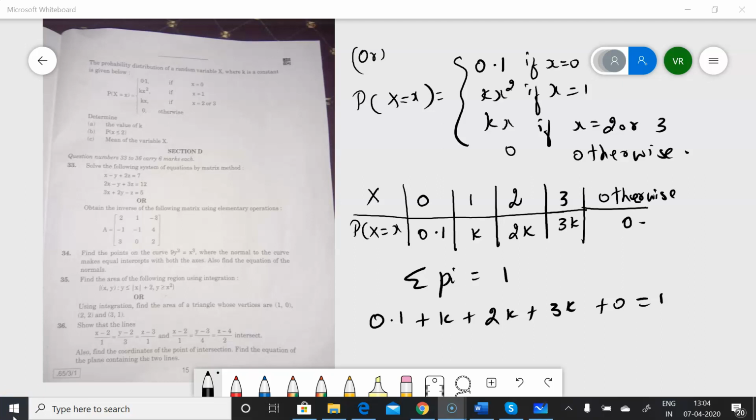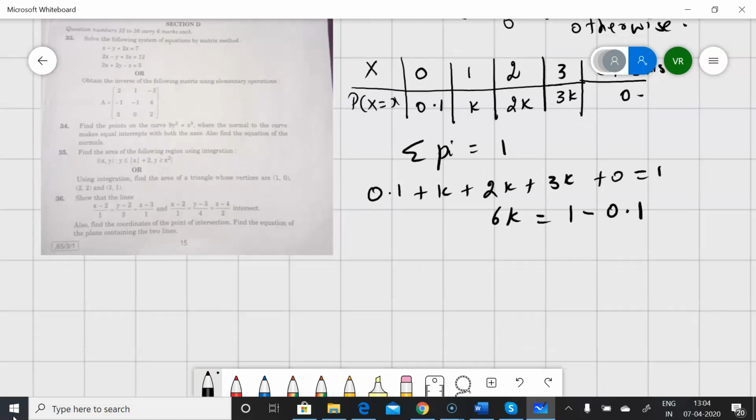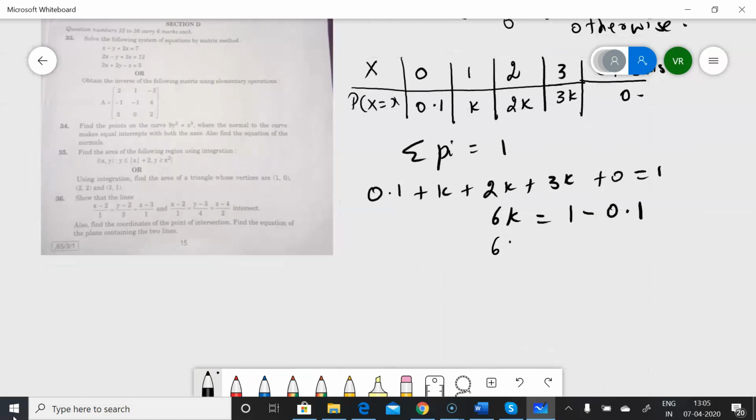So when we add this, we get 2k plus 3k plus k is 6k, which is equal to 1 minus 0.1, or 6k is equal to 0.9, or this implies k is equal to 9 by 60, which is equal to 3 by 20.